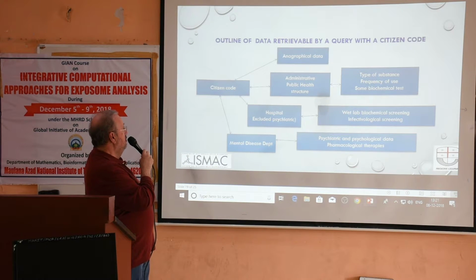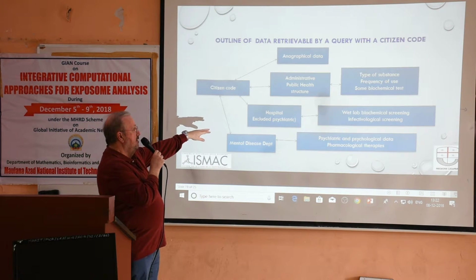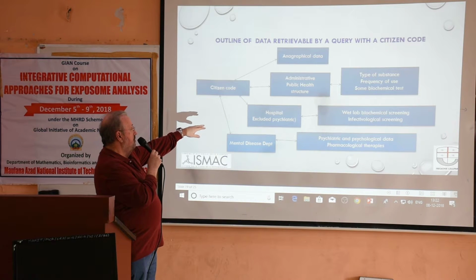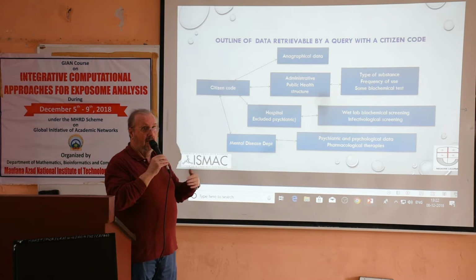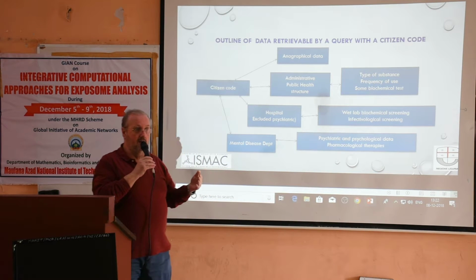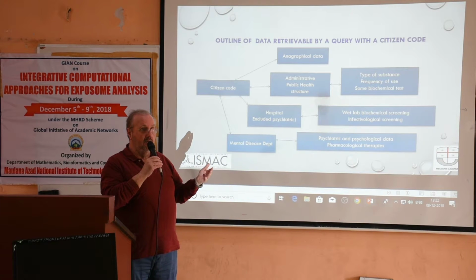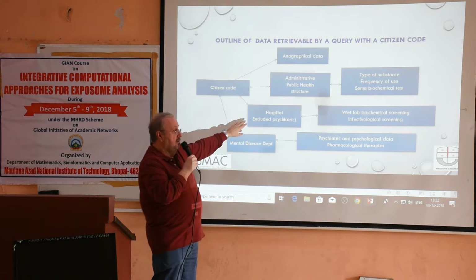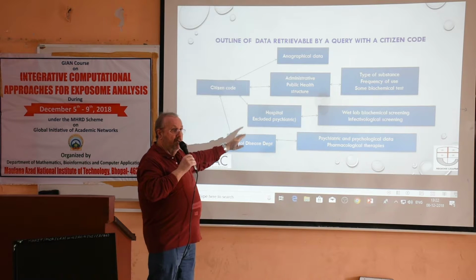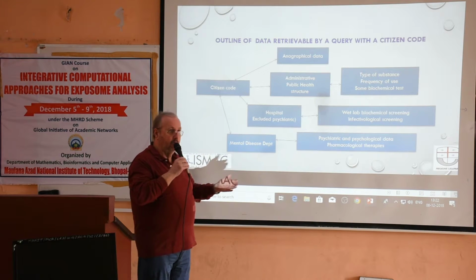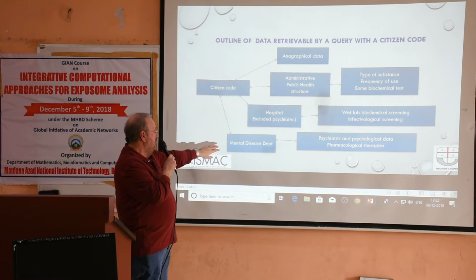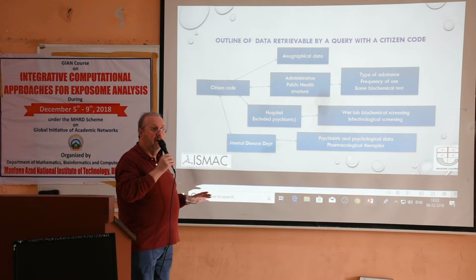The second is the demographical data that the citizen code allows us to obtain, from administrative public health structures. If the subject is admitted to a hospital, excluding psychiatric hospitals, for instance, if an addicted subject has HIV, they go this way. But the psychiatric treatment, at least in my country, is performed by the mental disease department.